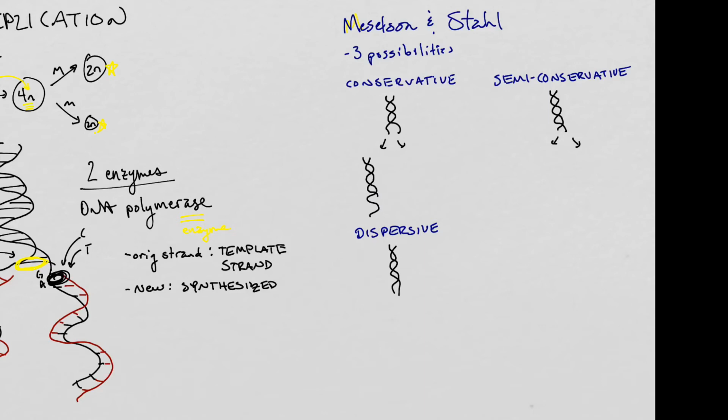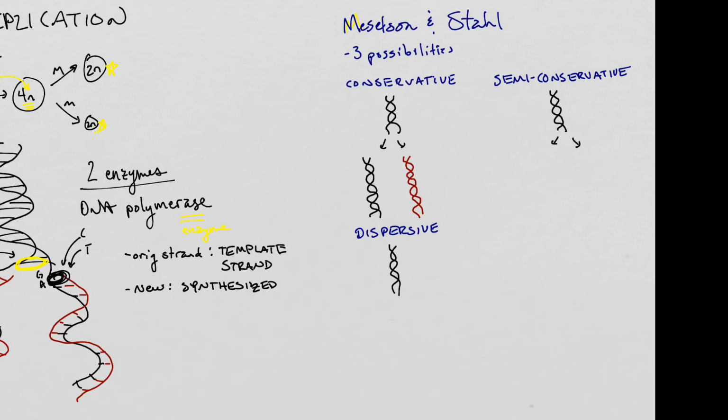They had no idea how this would happen, but they thought, well, this is one way that it could happen. And the new DNA molecule is a completely newly synthesized DNA molecule. That's conservative replication. And once again, this is a possibility.